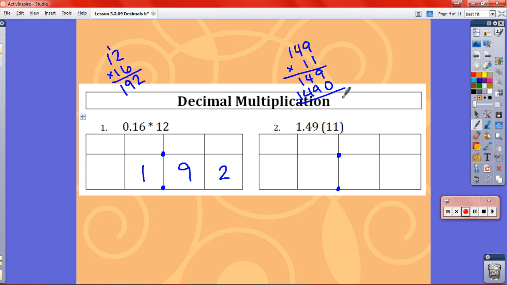And I add and I get 1,639 hundredths. So 1,639 hundredths is the same as 16 wholes and 39 hundredths.